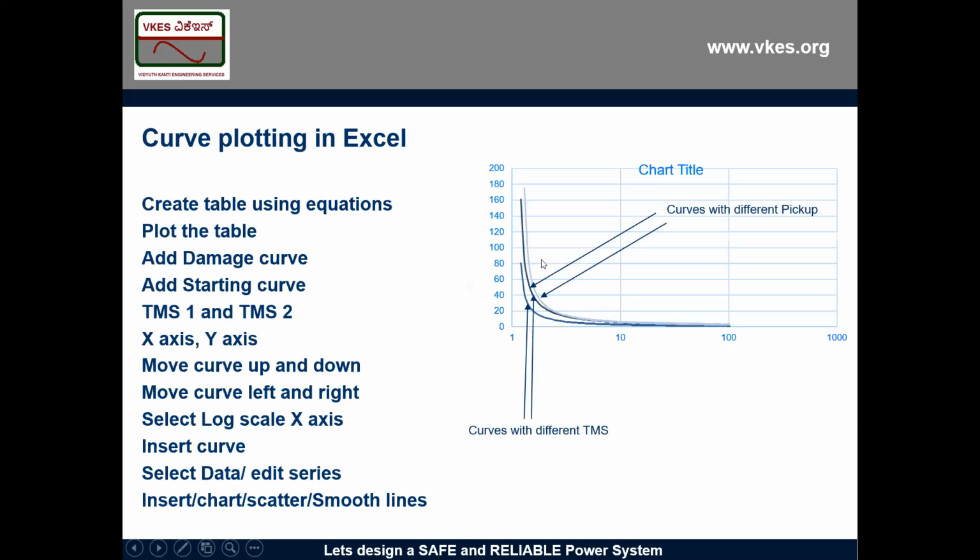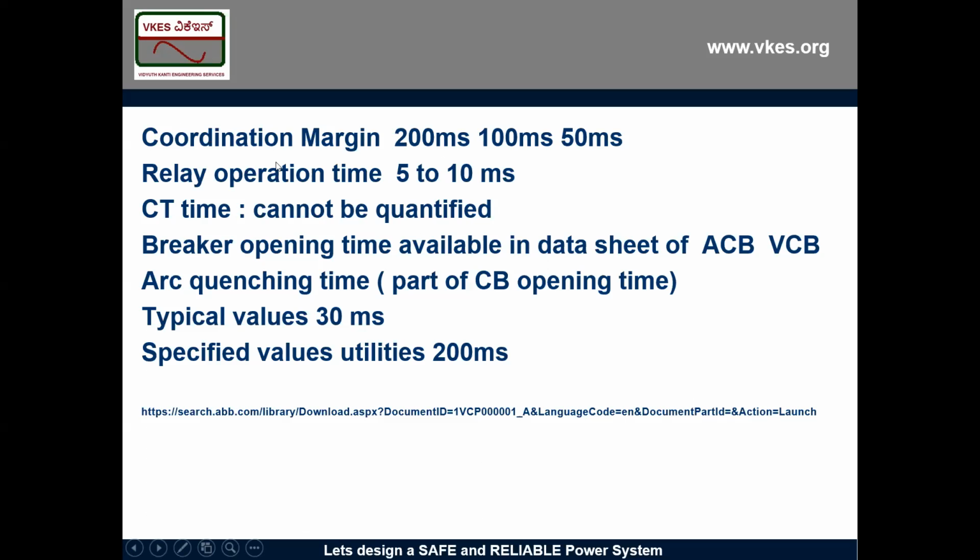That coordination margin is the sum of the breaker opening time, the relay operating time, and the CT time. Actually, the CT does not take much time because it is like a transformer. Whatever comes in the primary will come in the secondary almost instantaneously.